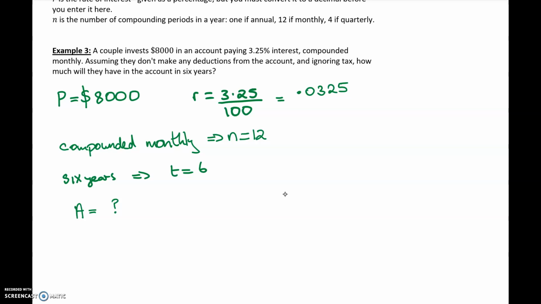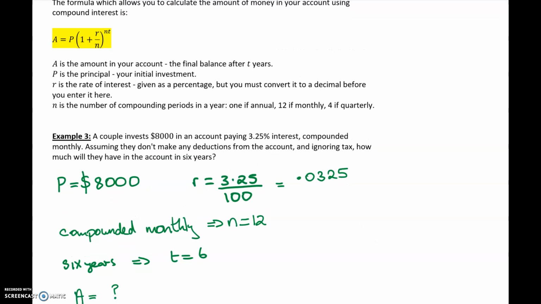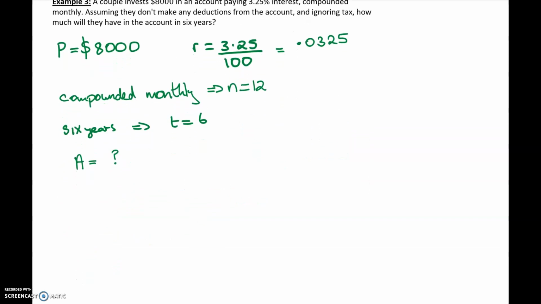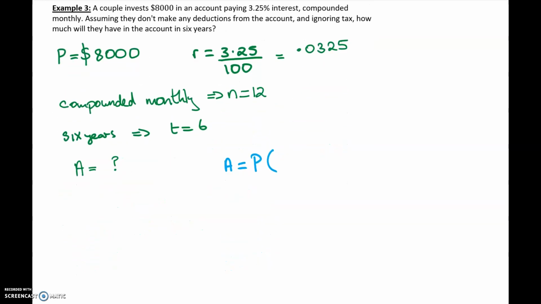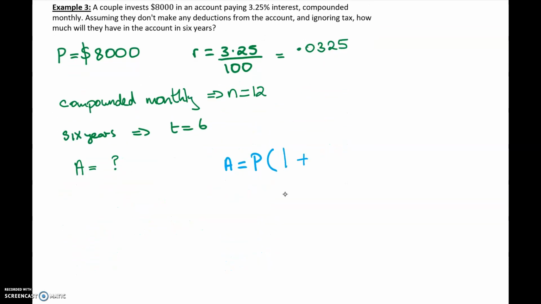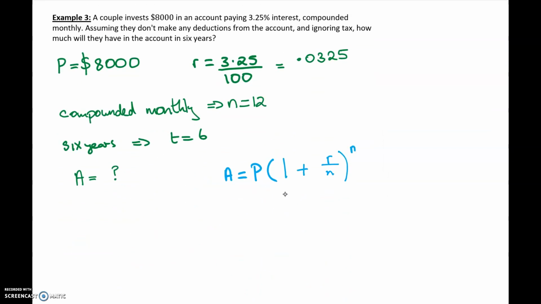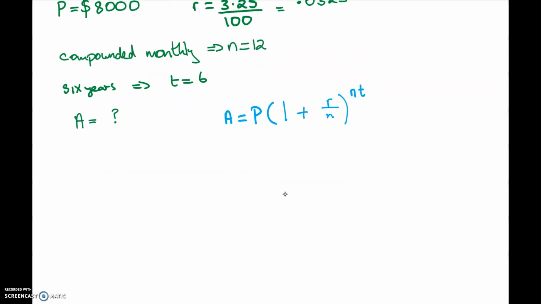So the amount is the thing you're looking for here. Well, that's all the information, and what we're going to do now is write out the formula, and like I've always told you, write out a formula every time you need to use it. So A is equal to P times (1 plus R over N) to the power of NT. So let's start to fill that in.